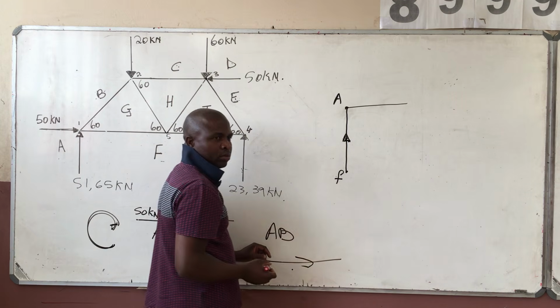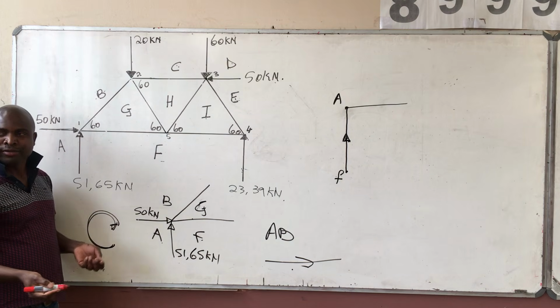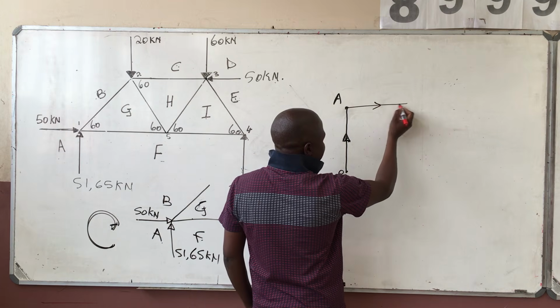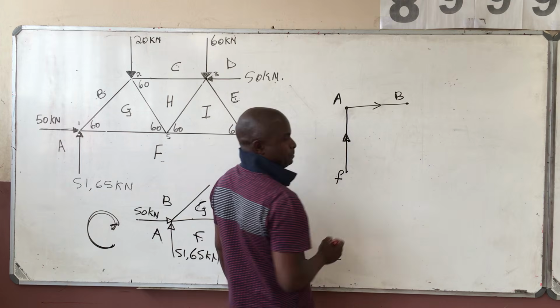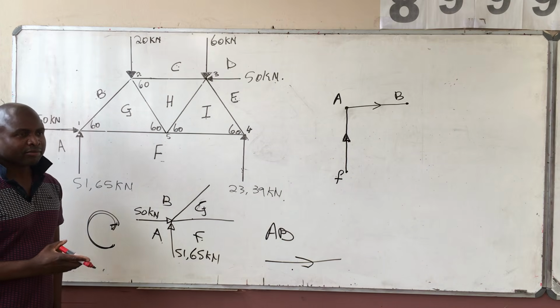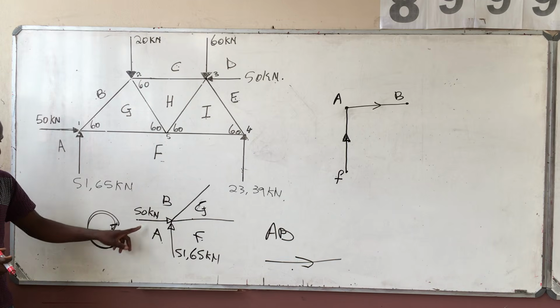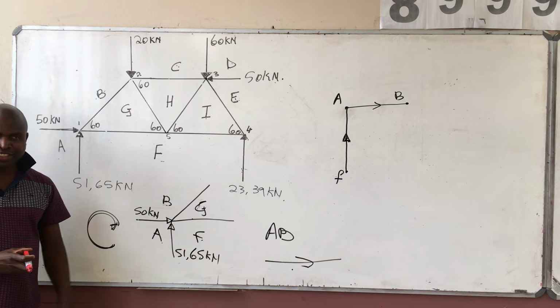How long? 50 millimeters, because 10 is equal to 10. So this goes in this direction, and which point is this one? B. That is point B. So okay, now I'm done with these two. I'm going to draw this one. And which one is this? BG.